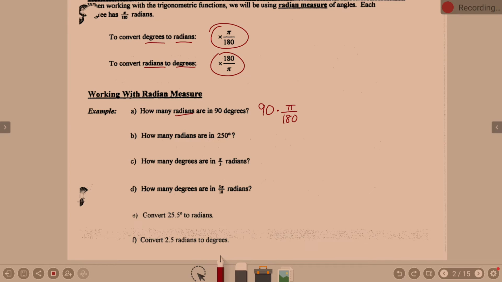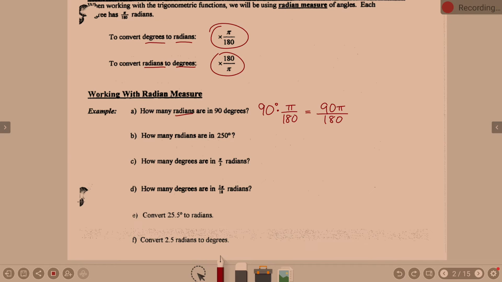Now, don't think calculator, think with me here. When you multiply this and make it a fraction, 90 times pi over 180 is going to be 90 pi over 180, does that make sense?